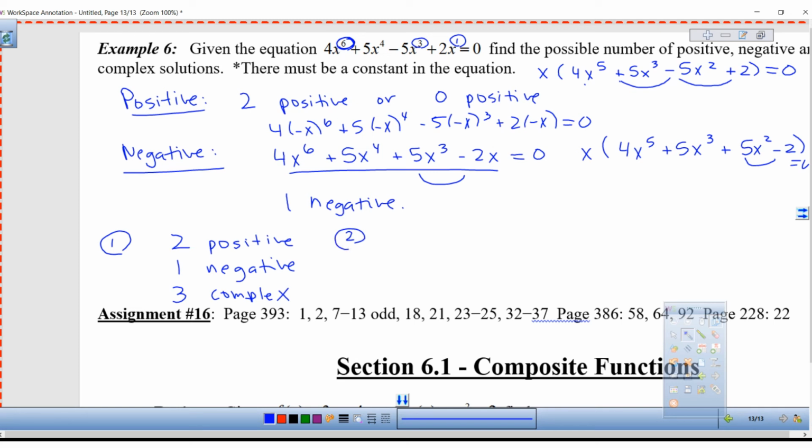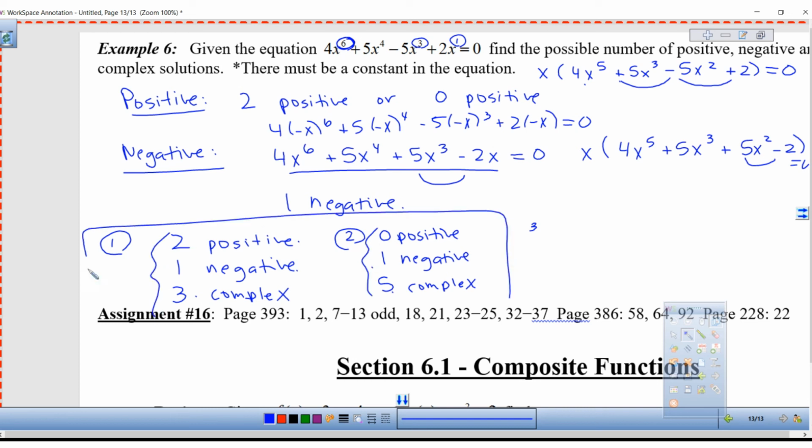So you could have 0 positive, 1 negative, and that would leave you with 5 complex. The other option is, that's it. So 2 positives, you know you're going to have a negative, so this one fills in 3, this one fills in 5. Altogether here you have 6, altogether there you have 6, and that's your answer.